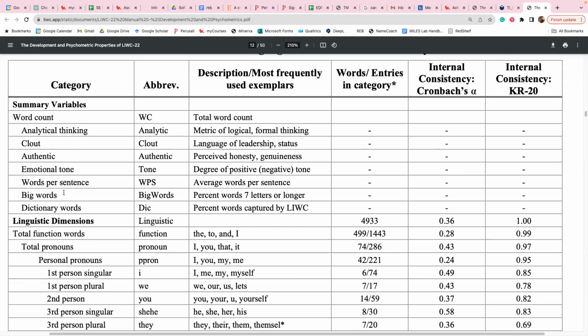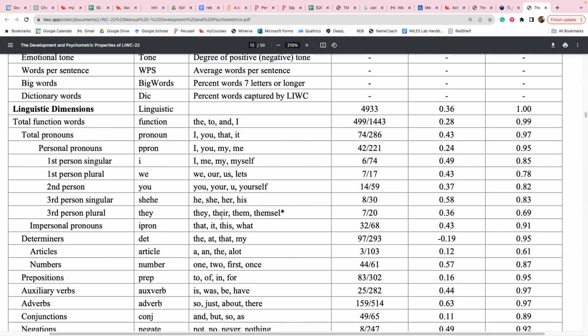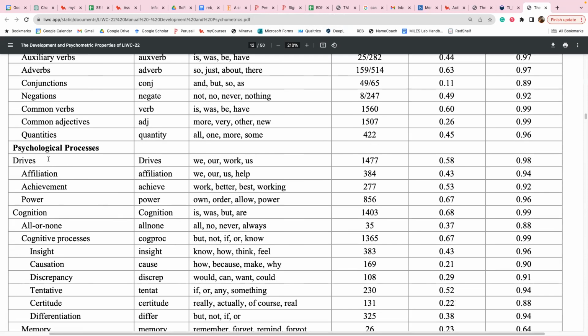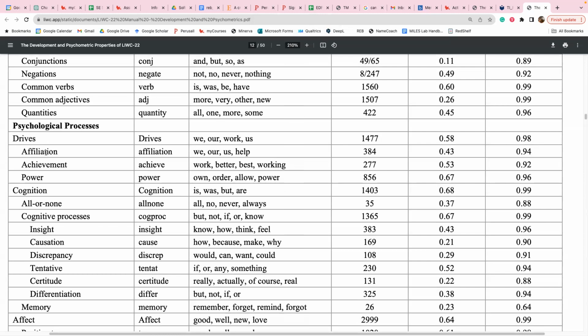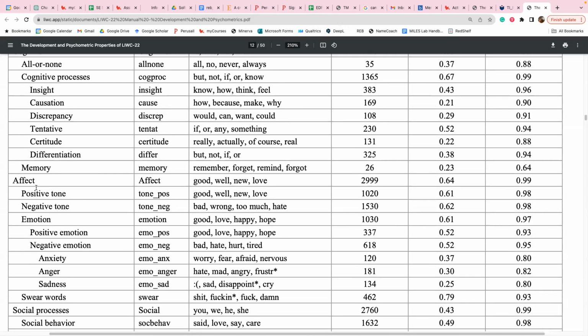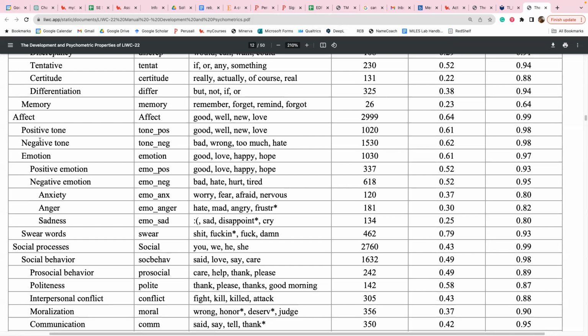It has some similar categories, like it'll count pronouns. It does give you some examples. Psychological processes: most of the people I've seen that use Luke are in psychology and cognitive psychology. So it'll do drives, which is kind of motivation, and cognition. It will do affect. What I really like about it is it does positive emotion, which is more like words that actually relate to an emotion.